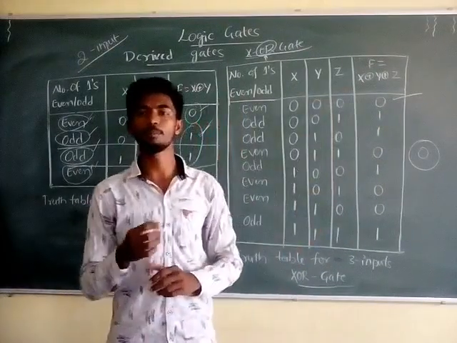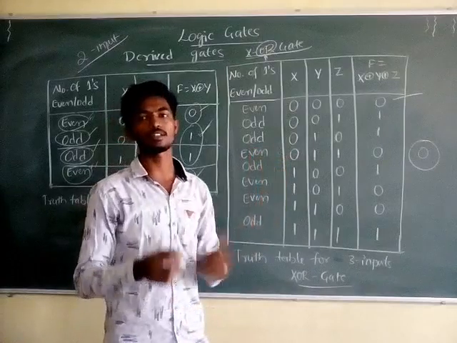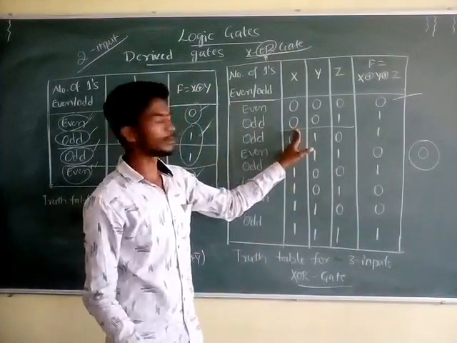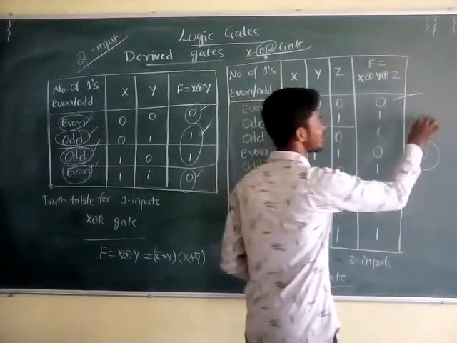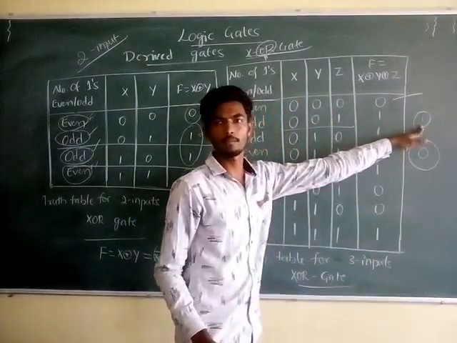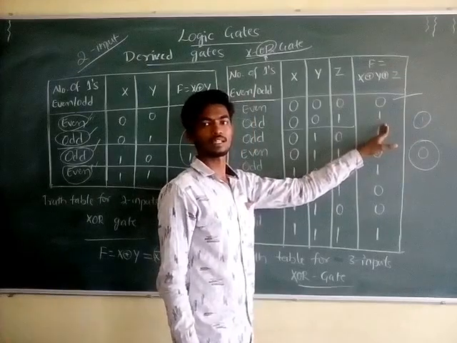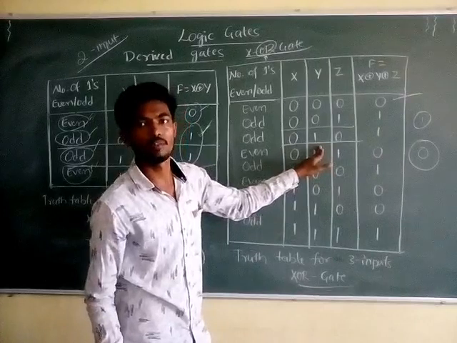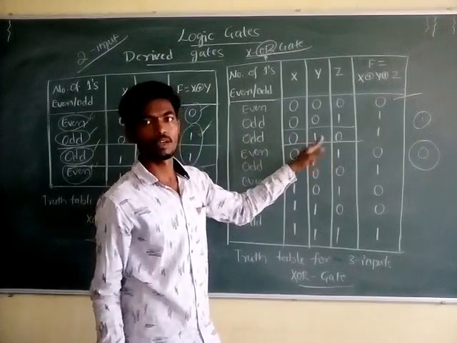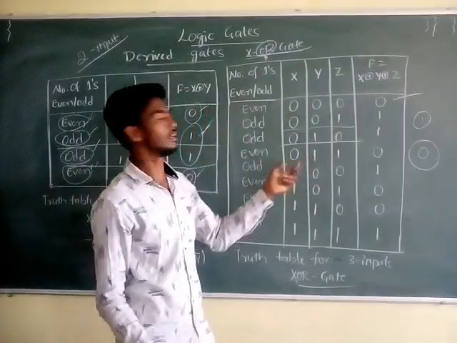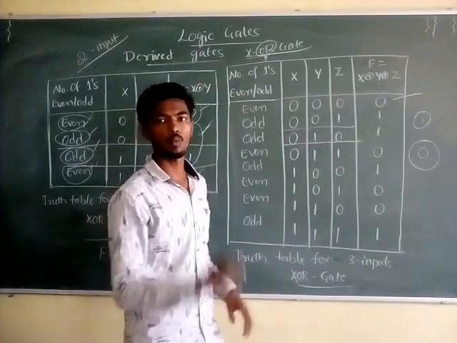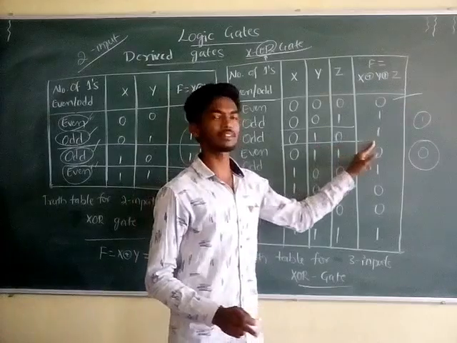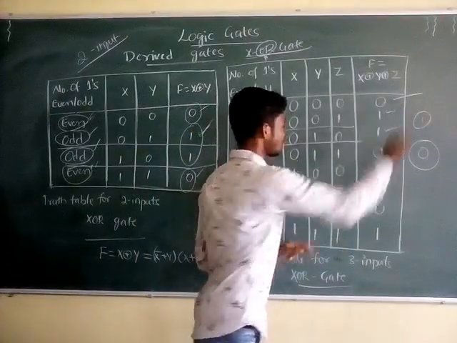When the number of ones in an input combination is odd, like here in 0, 0, 1, the 1 exists one time, which is an odd number, so the result is high, or 1. As well, for these combinations also, the one exists one time, which is odd, so high.